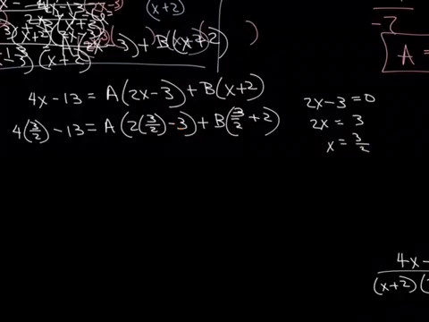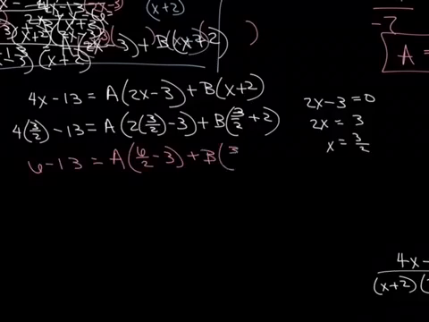All right, so what do I have over here? I've got 12 over 2, 6 minus 13 equals a times 6 over 2 minus 3 plus b times 3 halves plus 2. So this goes away because that's 3 minus 3, so I don't have that to mess with.